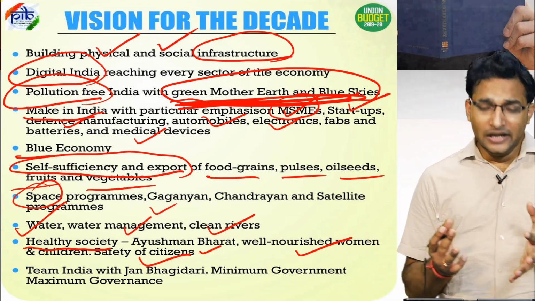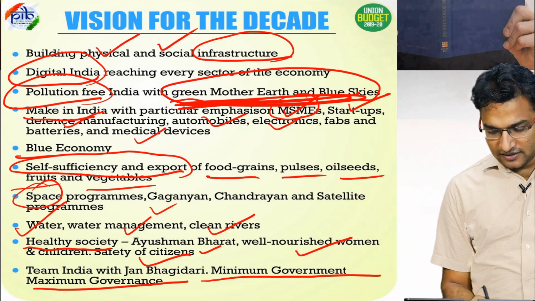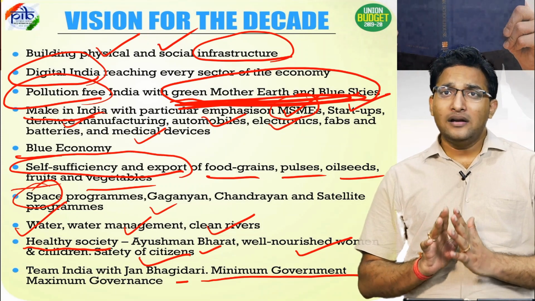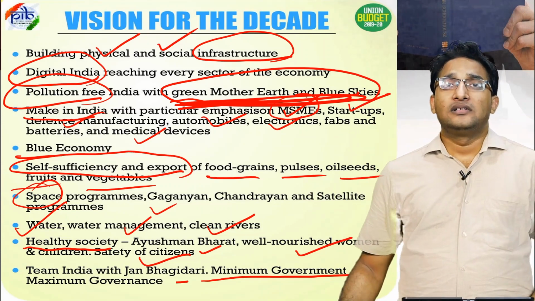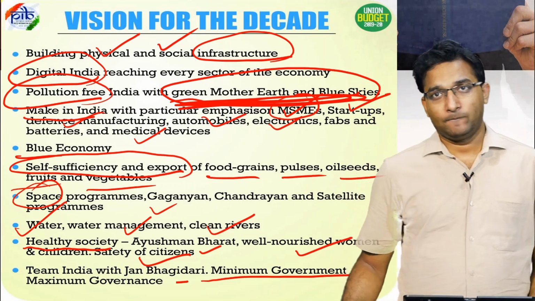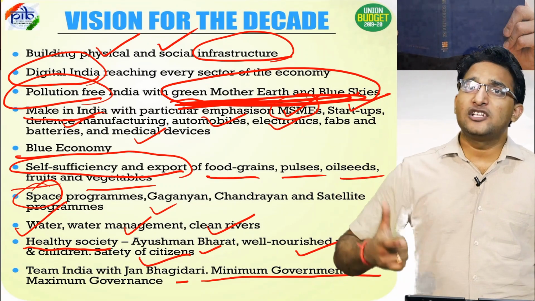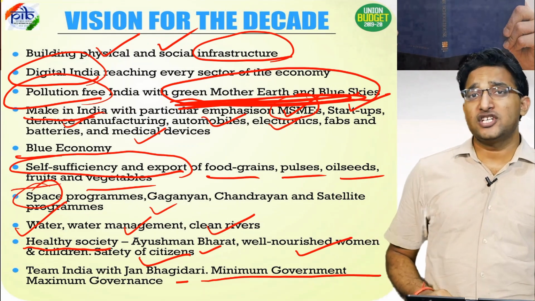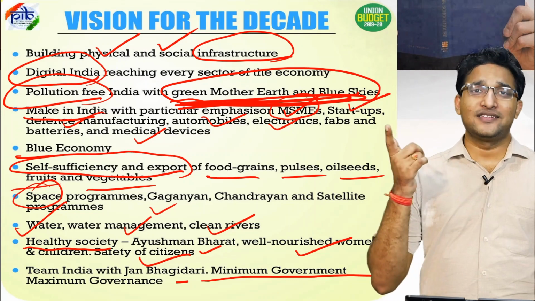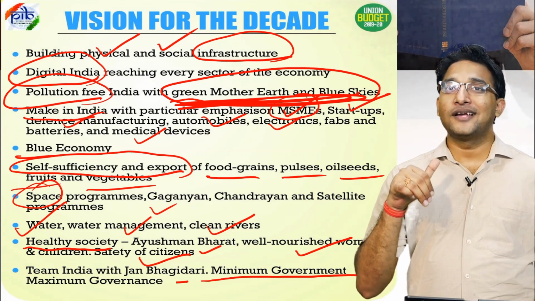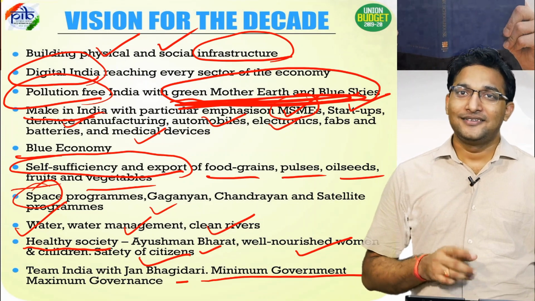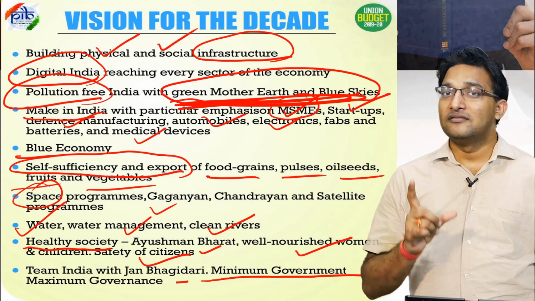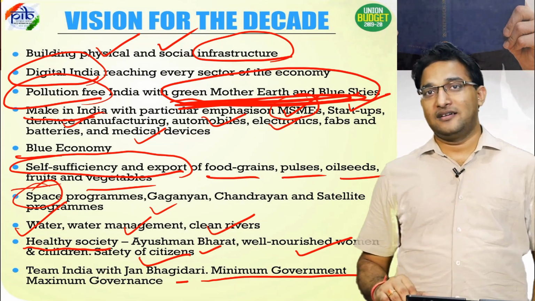And the vision of minimum government, maximum governance, where we have the minimum number of people in government but can still provide the maximum reach to the people, can be achieved. So people's participation should be the topmost priority. When you write an answer for GS Paper 2, you can reference that Budget 2019-20 also highlighted that Jan Bhagidari should be one of the aspects of the vision for the decade, right?